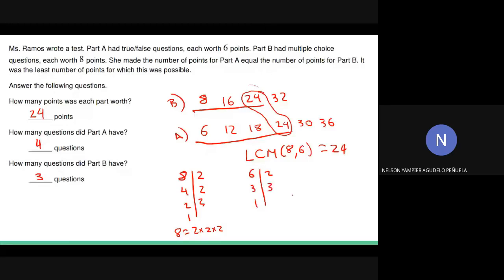And you put them one over the other. These pair together, so you write 2. And then we put the leftovers: 3, 2, 2. That is 2 times 3 times 2 times 2 results in 24, the least common multiple again.